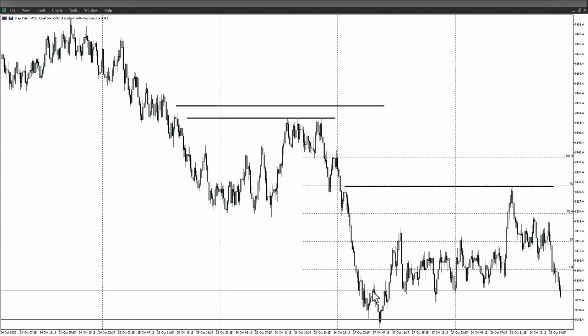It hits the particular level, the opening price of the 4-hour time frame order block, and it prints consecutive down candlesticks. These consecutive down candlesticks, they make up your bullish order block.